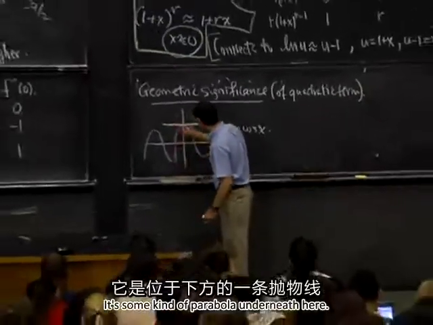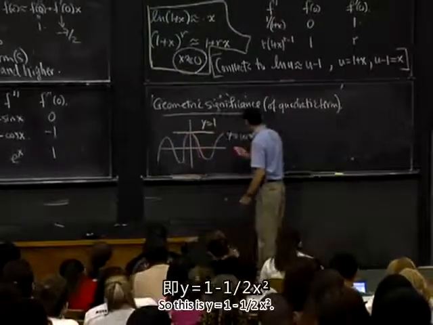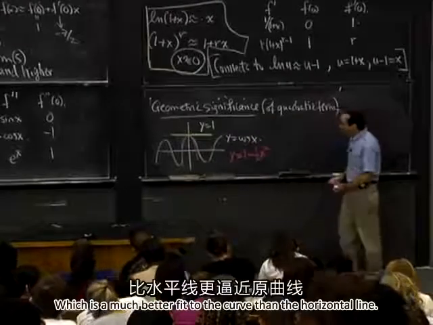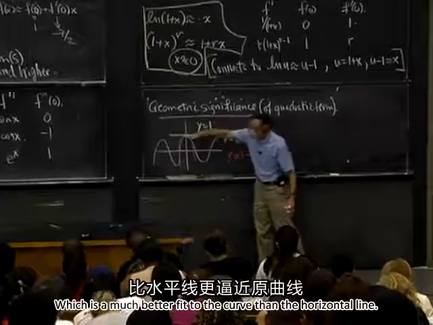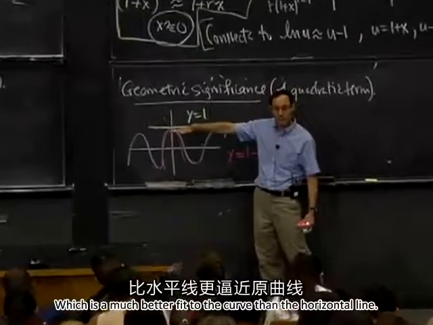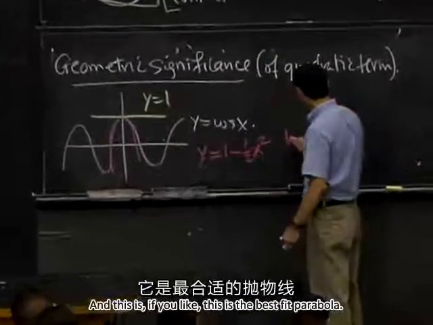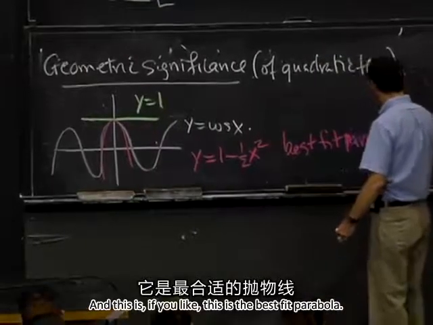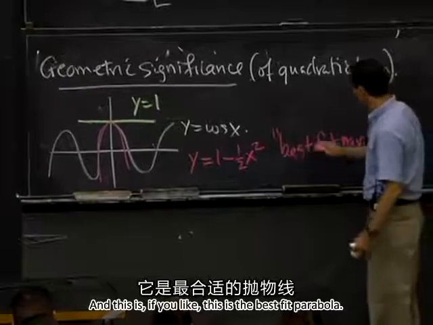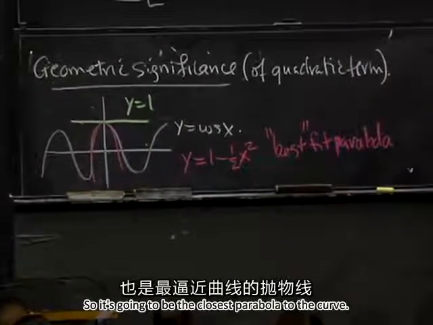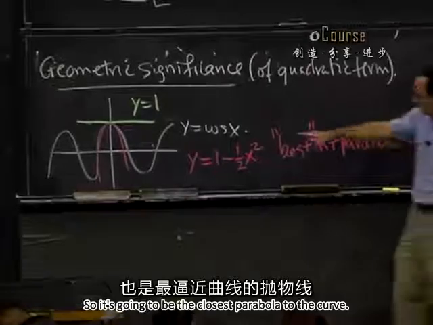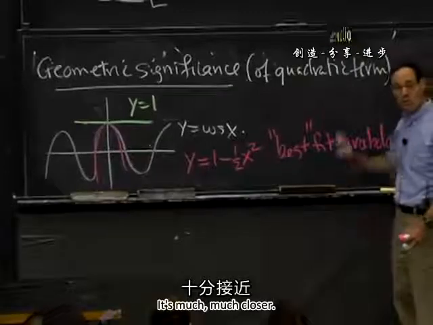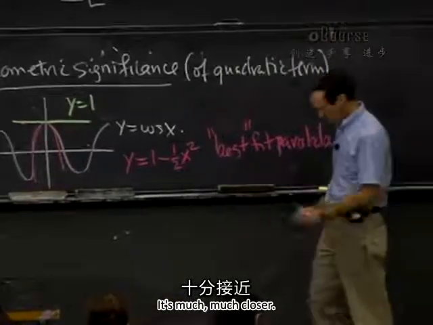It's some kind of parabola underneath here. So this is y equals 1 minus a half x squared, which is a much better fit to the curve than the horizontal line. All right? And this is, if you like, the best fit parabola. So it's going to be the closest parabola to the curve. And that's more or less the significance. It's much, much closer. All right.